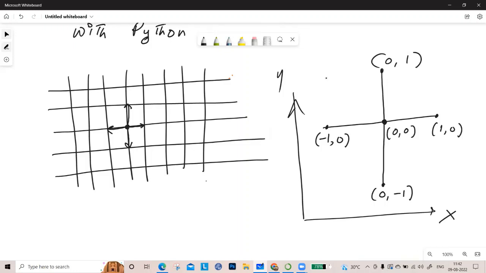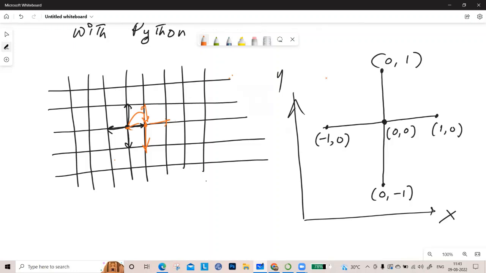All these four possibilities. Wherever it goes, suppose it comes here, it can jump from here in either of the four directions, either these or that or these or this, okay? Each time step, it goes to one nearest neighbor point.